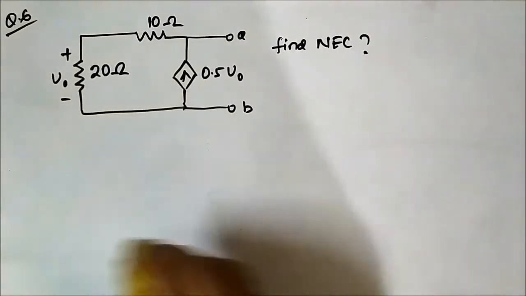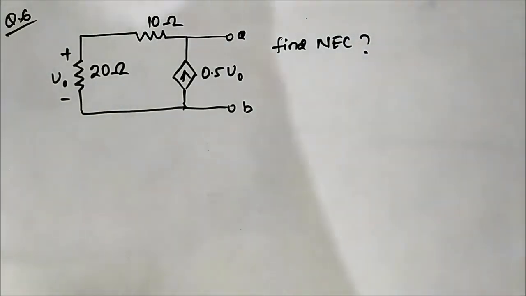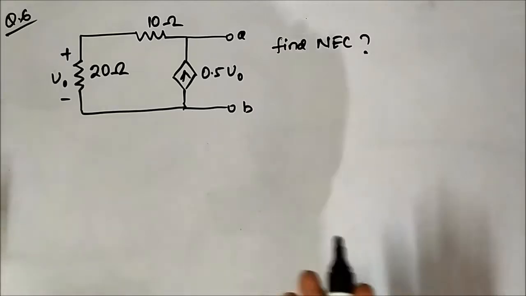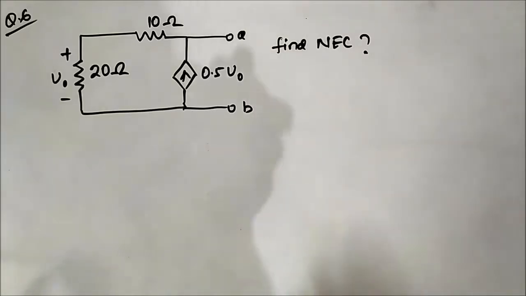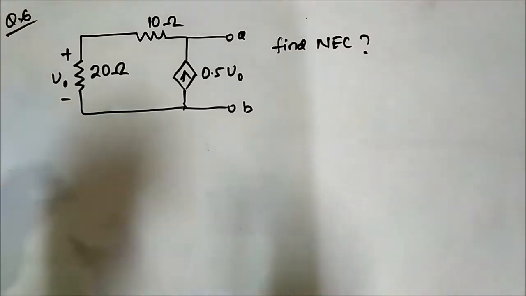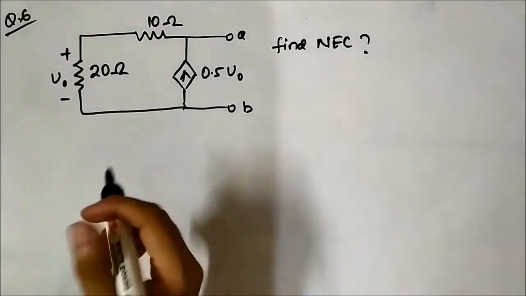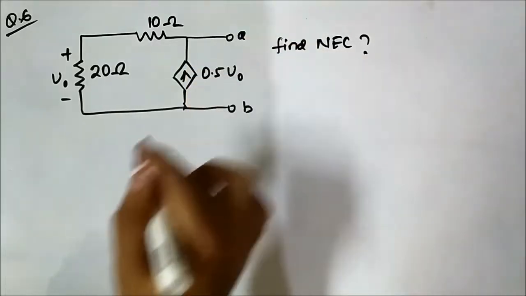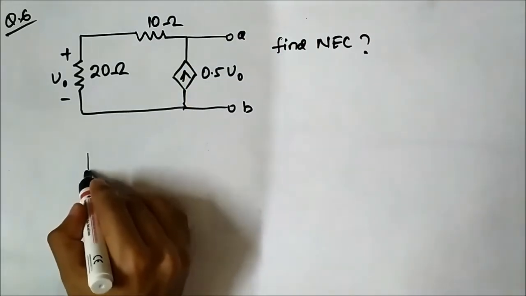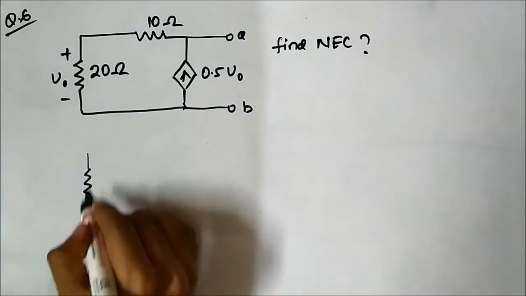So directly we will go to RN calculation. Here there is nothing to deactivate, so for that we will connect an external excitation. Okay.